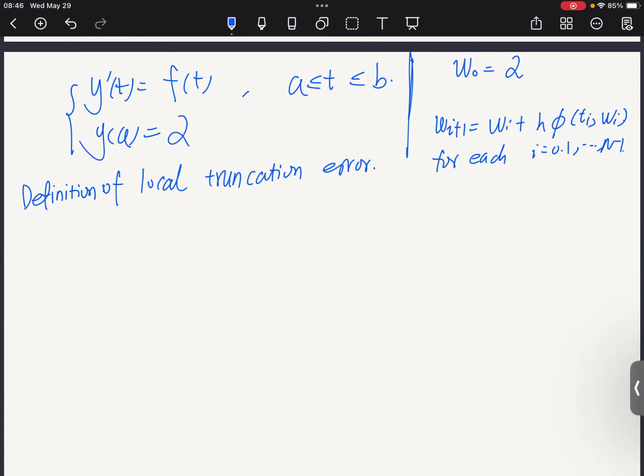equations. So we define the local truncation error in this format.